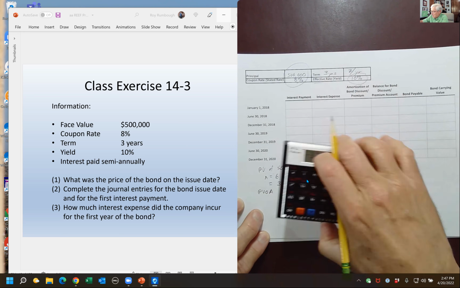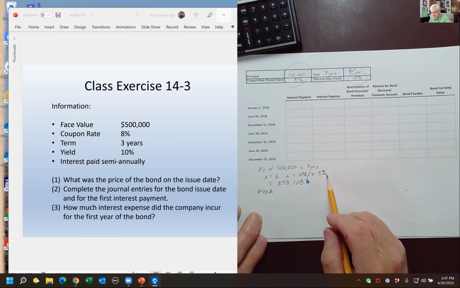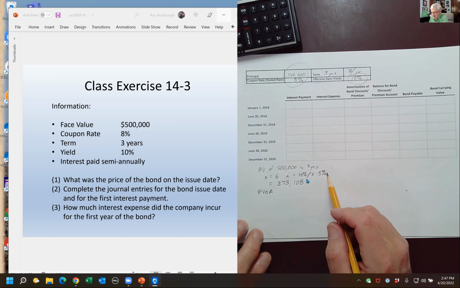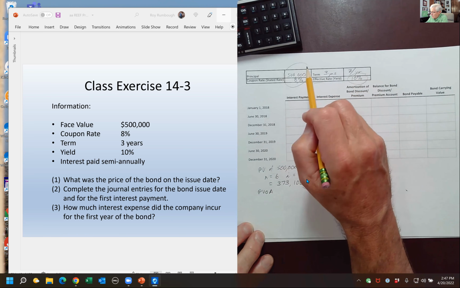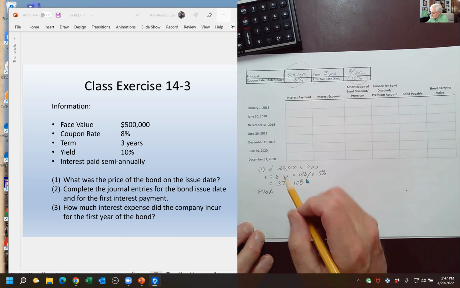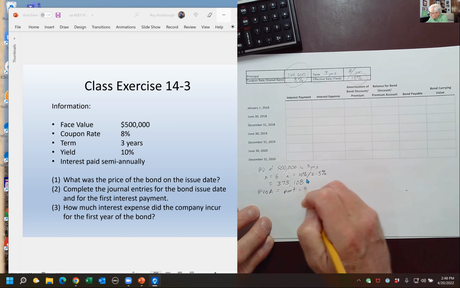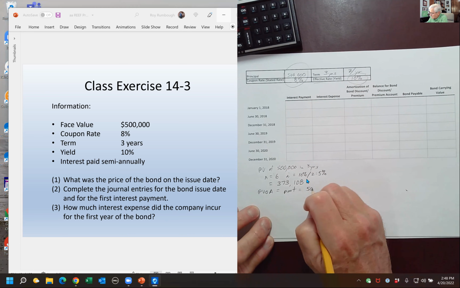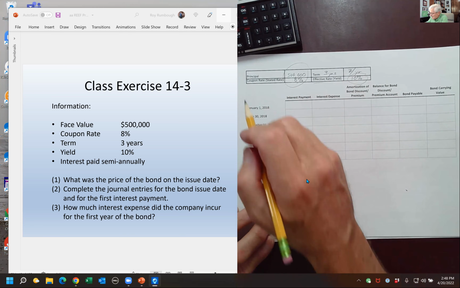And then present value of an ordinary annuity, and this time we've got payments of 8%. So the annuity payment equals 500,000 times the coupon rate, the stated rate. That's how much they're going to pay.